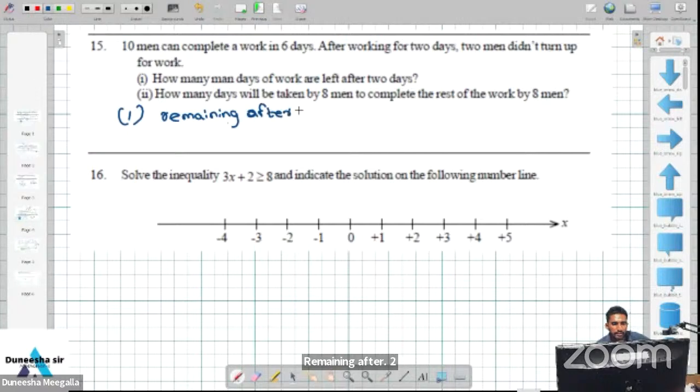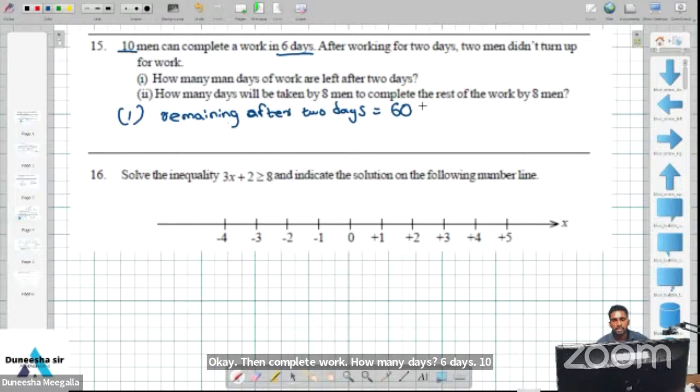We have to find what remains after 2 days. Complete work: 10 men means 6 days. 10 multiplied by 6 is 60 man-days. You have to subtract what is done after working 2 days.